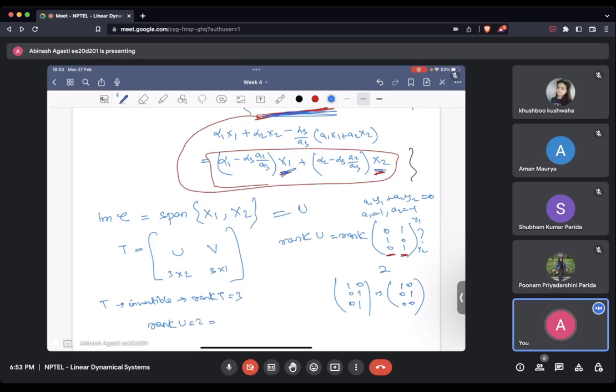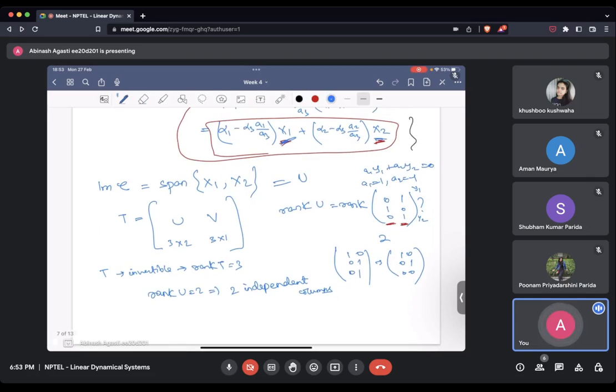That means two independent column vectors. Now I want V such that total T has 3 independent columns. Is it clear? Whatever we have done till now?